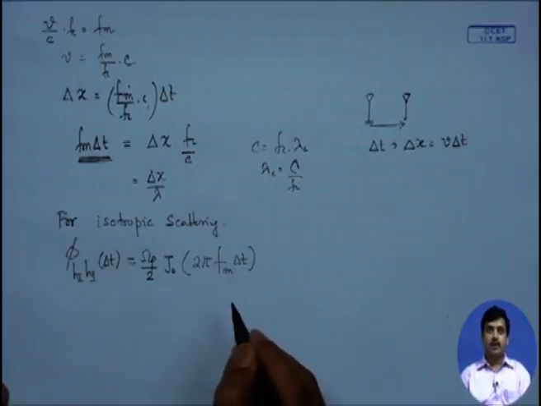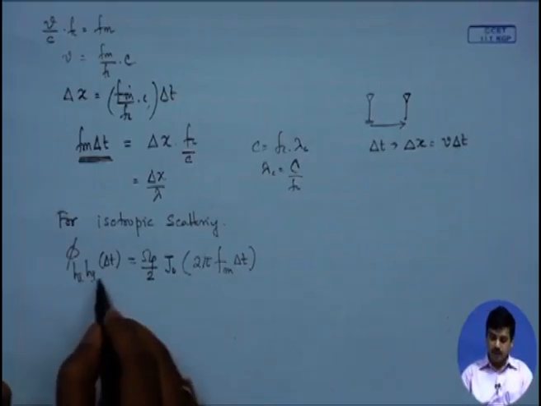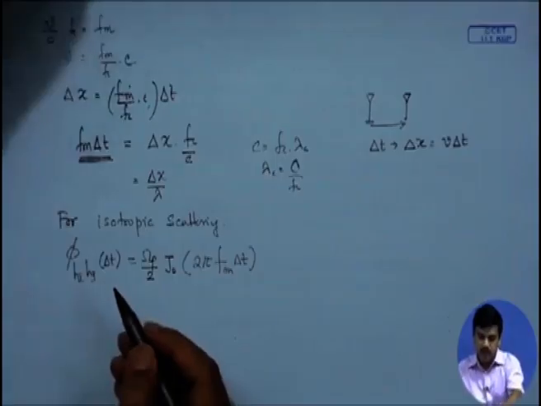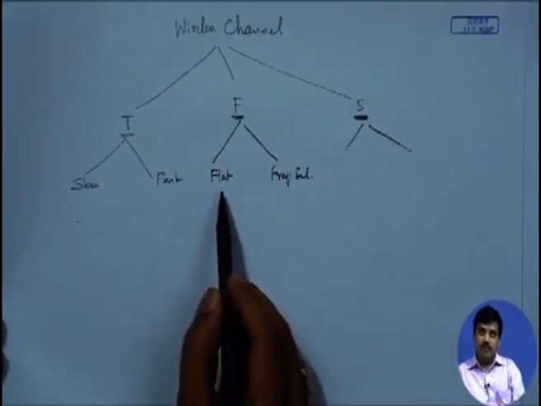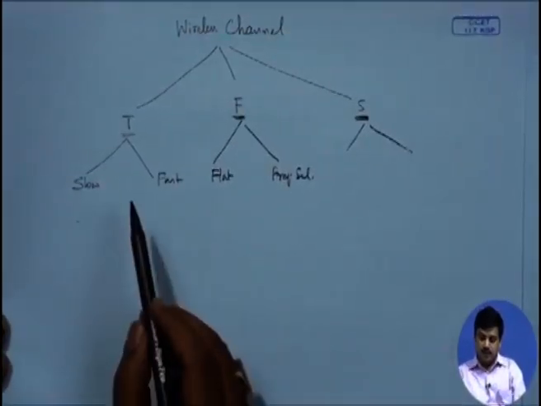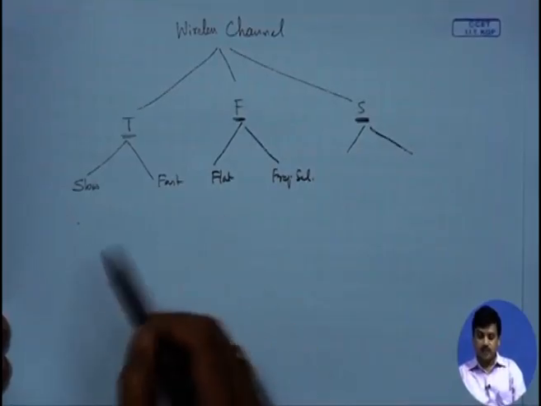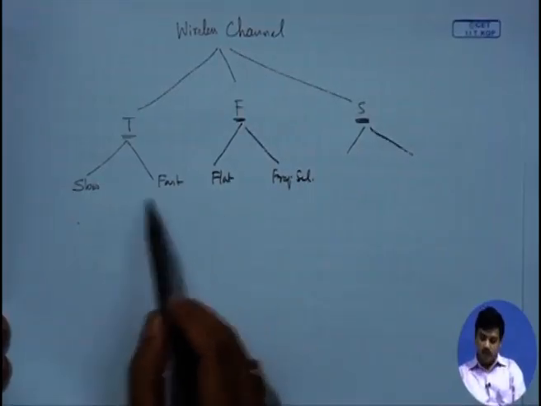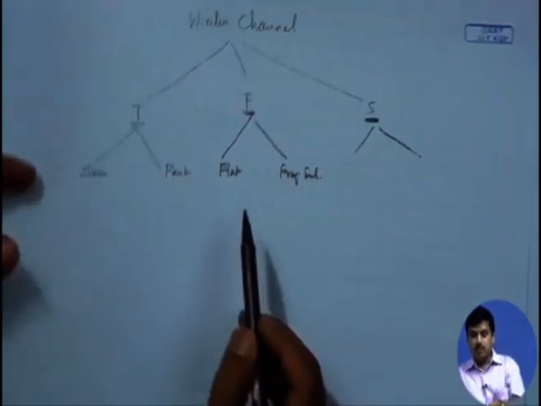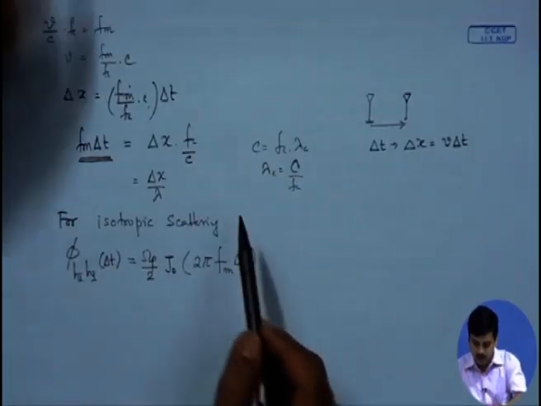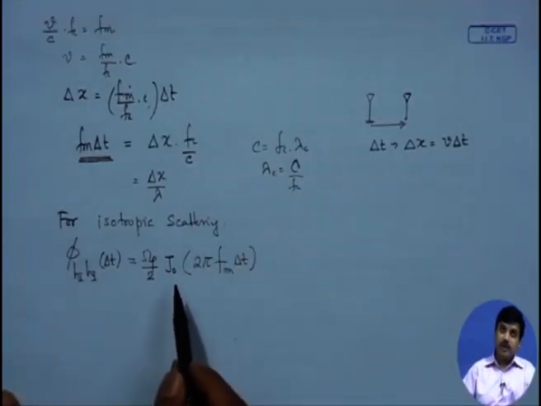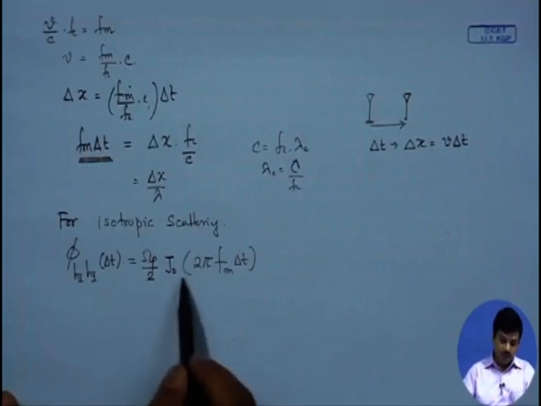This expression we had derived before for the correlation. When we studied flat fading and looked at the Doppler spectrum, we studied the correlation function, took its Fourier transform, and arrived at the Doppler spectrum. So this is the correlation function.